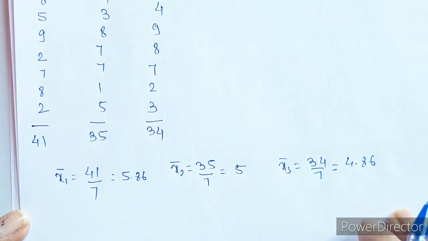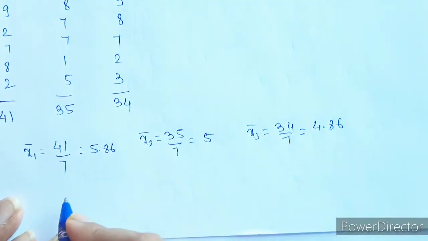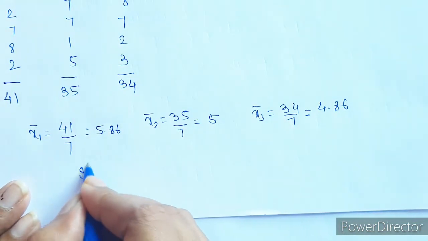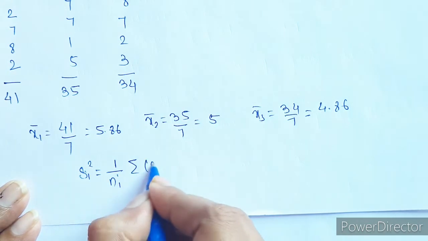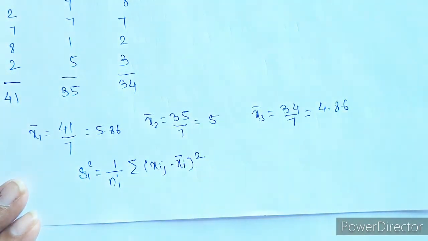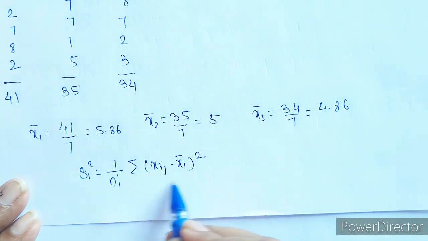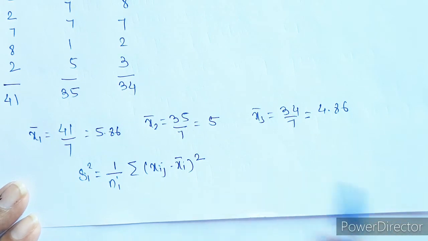Now we have to find standard deviation for all these 3 classes. The formula for standard deviation is 1 upon ni into summation of xij minus xi bar whole square. So first thing we need to calculate this xij minus xi bar whole square, right?